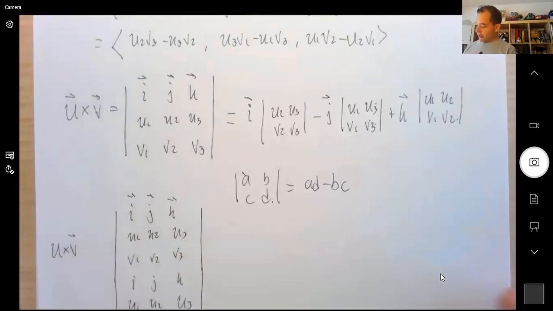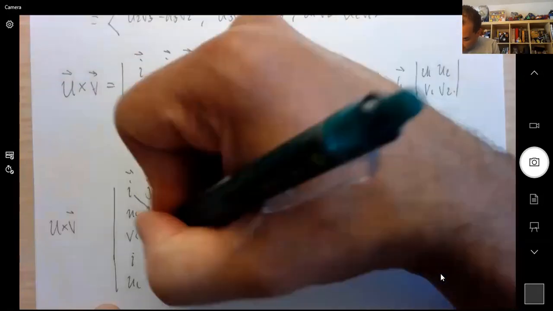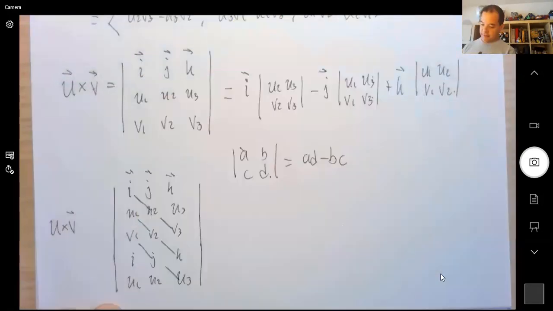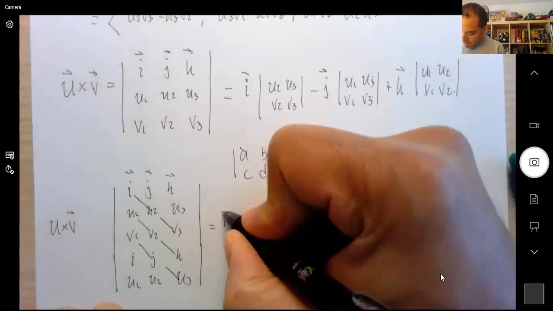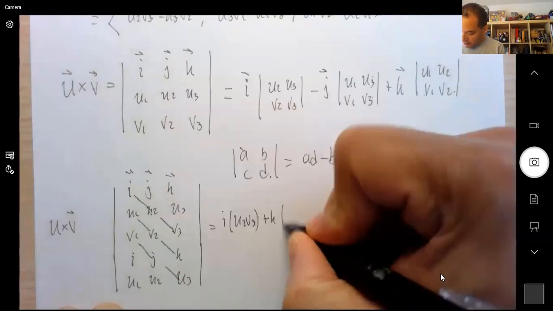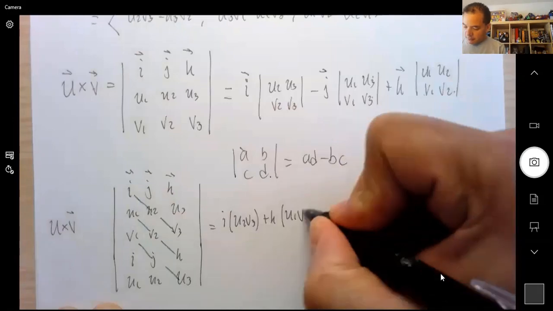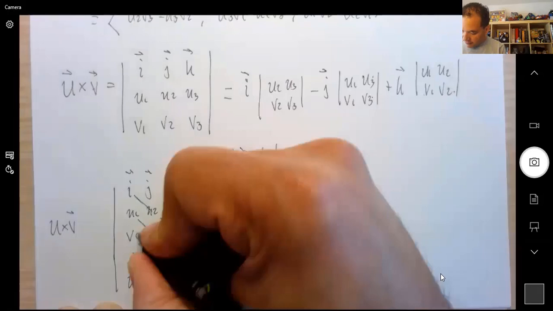And then you go like this. You go by diagonals with positive signs. So this will be I times U2V3 plus K times U1V2 plus J times V1U3.